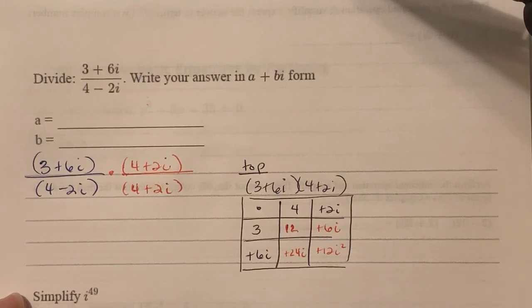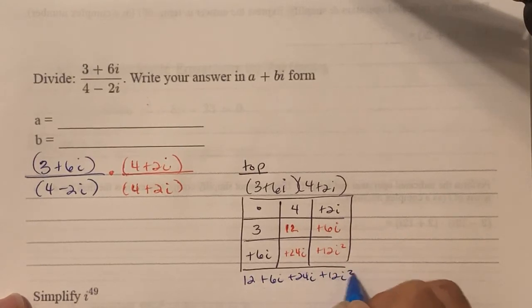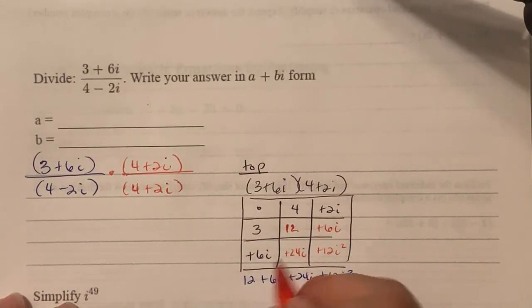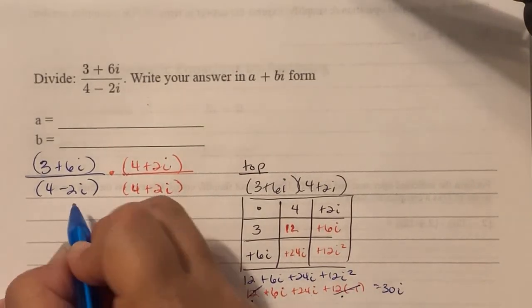So we see 12 plus 6i plus 24i plus 12i squared. Remember, i squared is -1. So we change that i squared to a -1 and combine like terms. So 12 and -12, they're going to cancel each other out. 6i and 24i, that makes it 30i. So that's what we get for the top line.